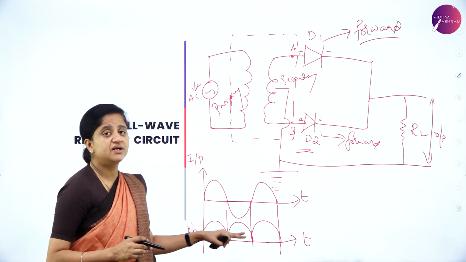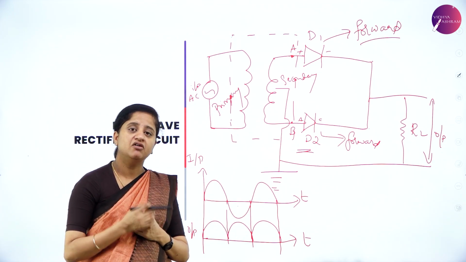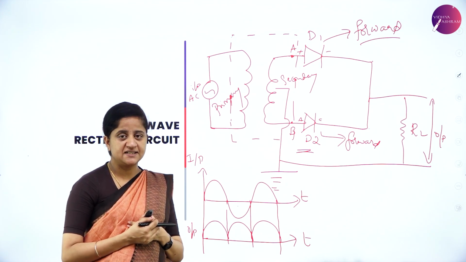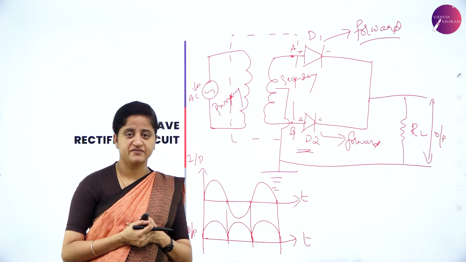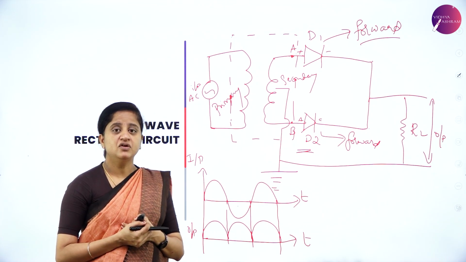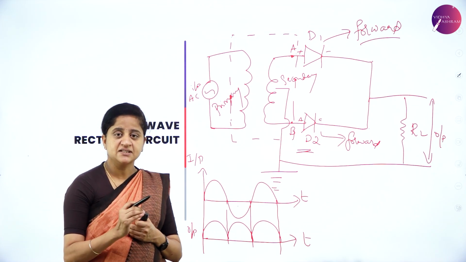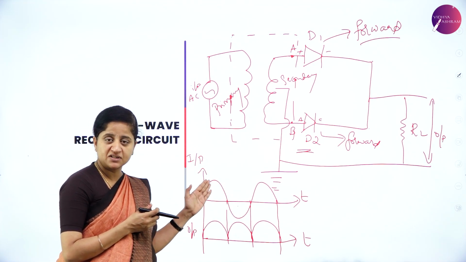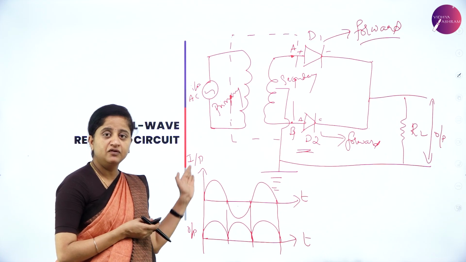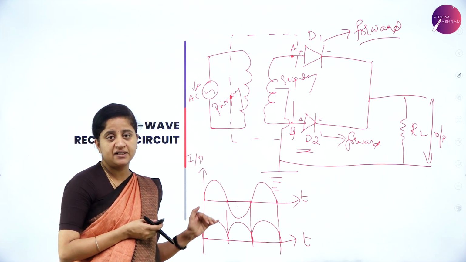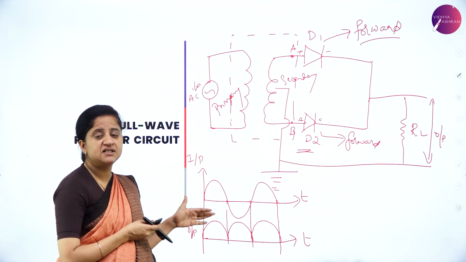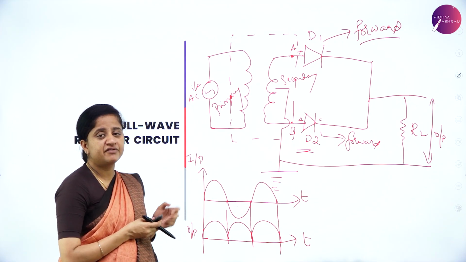So like this the total input AC signal is converted into a complete DC signal during both the half cycles in the case of the full wave rectifier. Since we get output in both the first and second, or positive and negative, half cycles, AC is fully converted into DC, and the device which helps us convert the complete AC into DC is called a full wave rectifier.